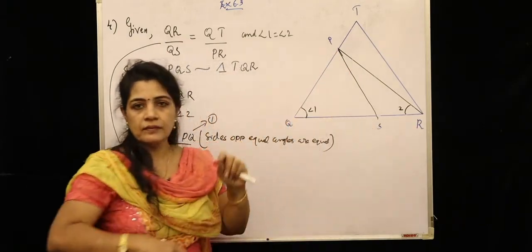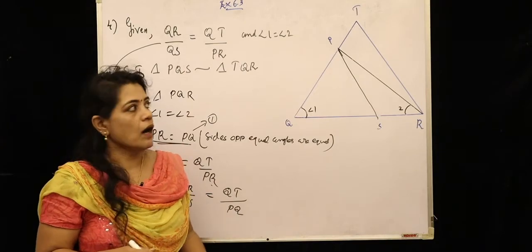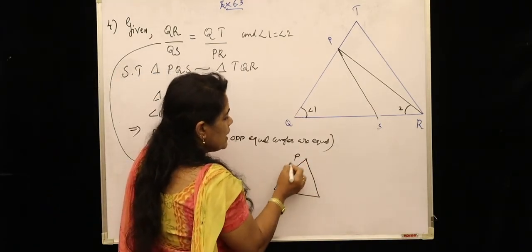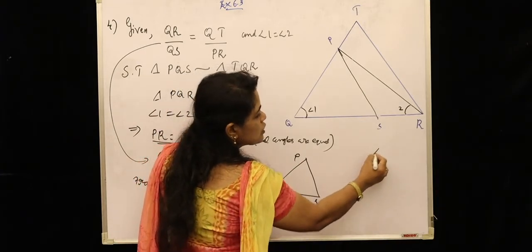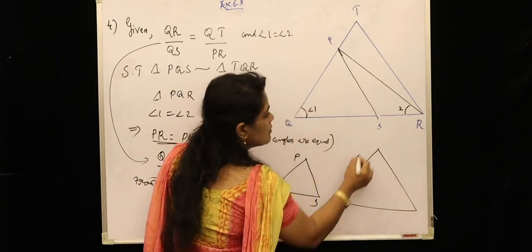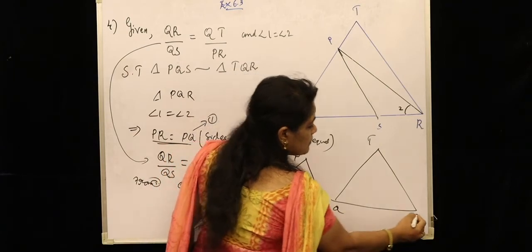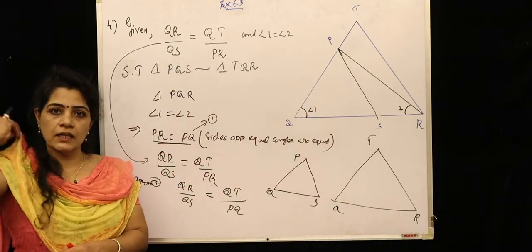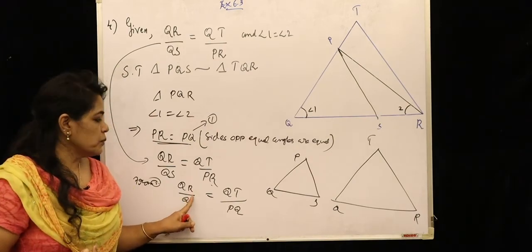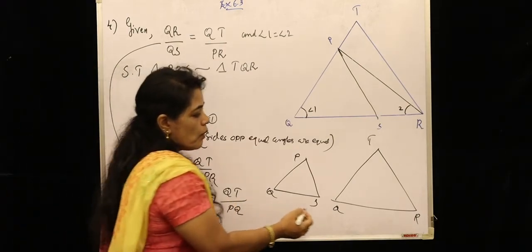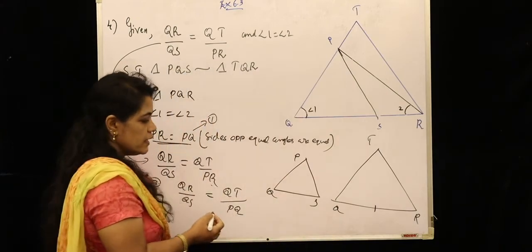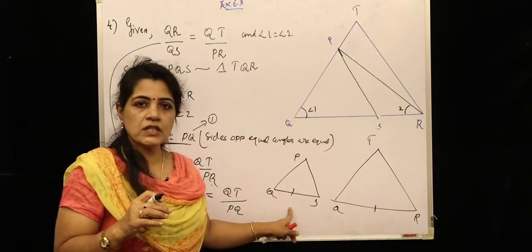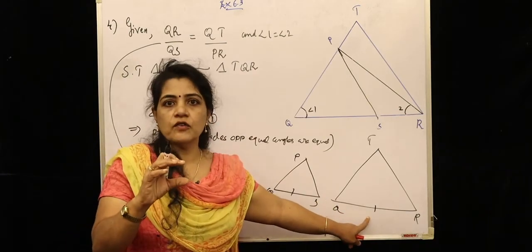That means now we have two triangles. Children, please listen carefully. PQS, and I have drawn these two triangles separately, and TQR, the big triangle. What we have seen is the ratio of QR, this side, with QS, this side: one side from the first triangle and one side from the second triangle.